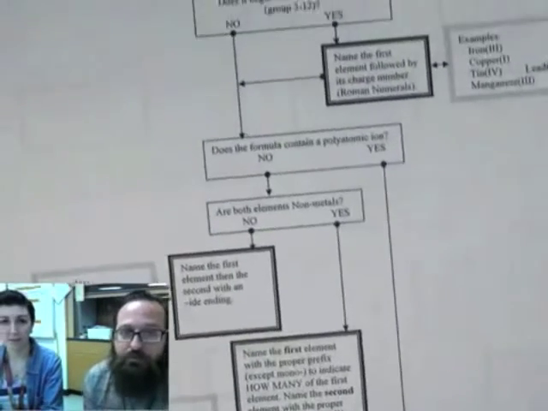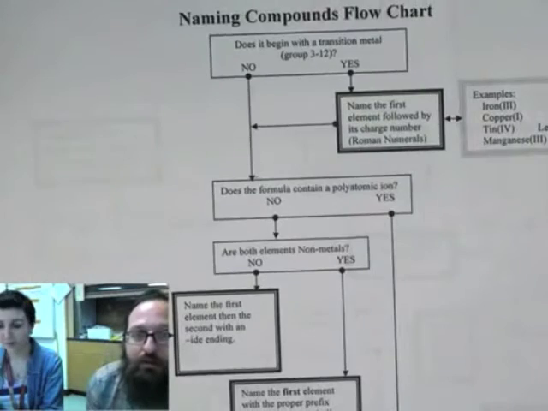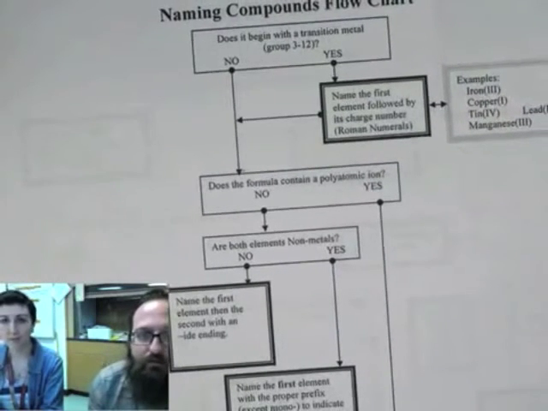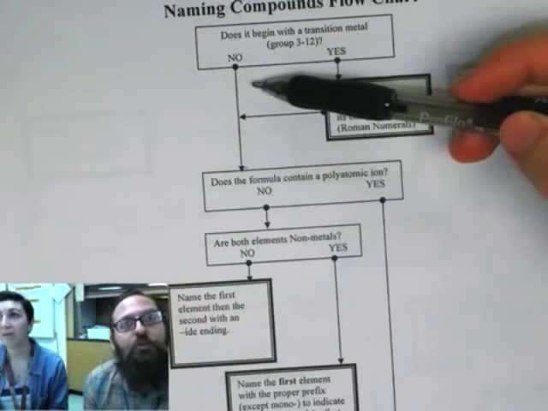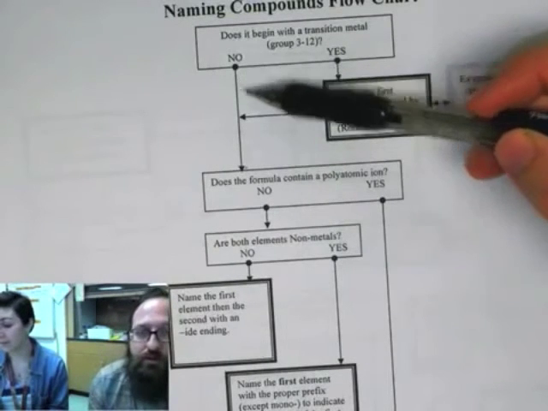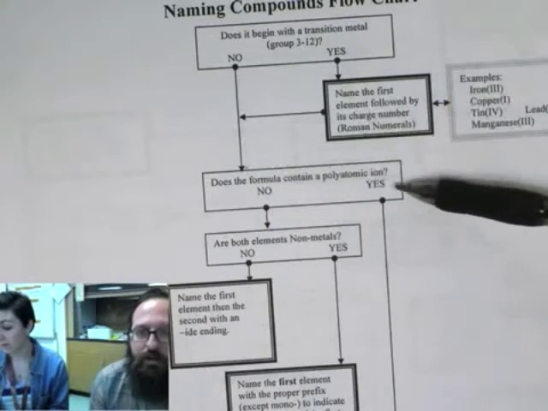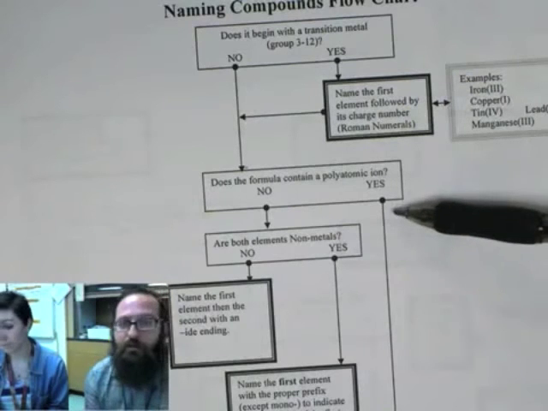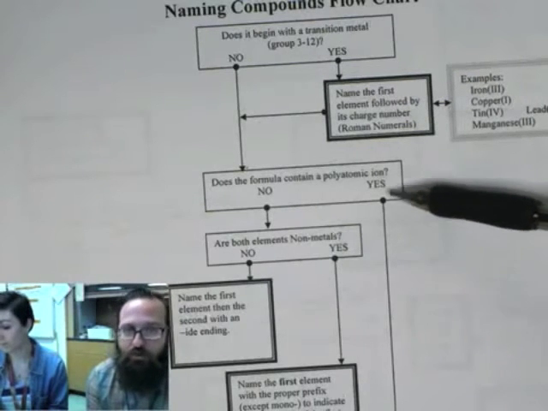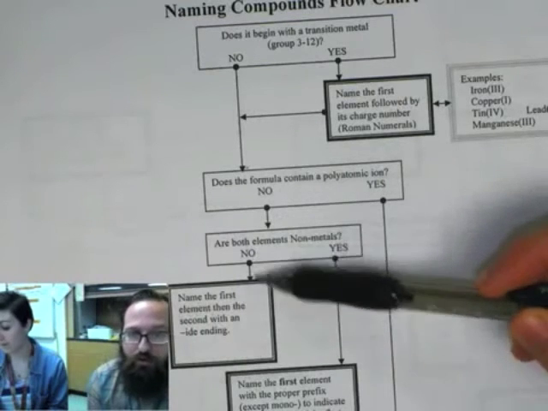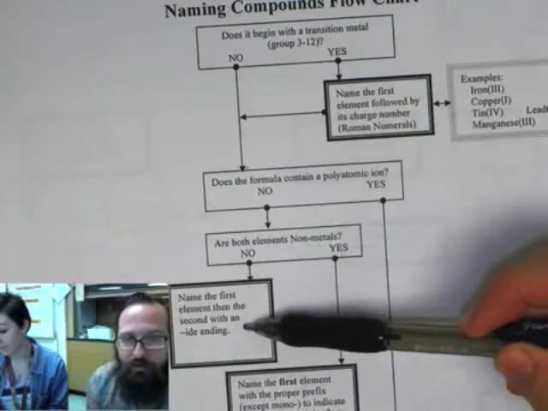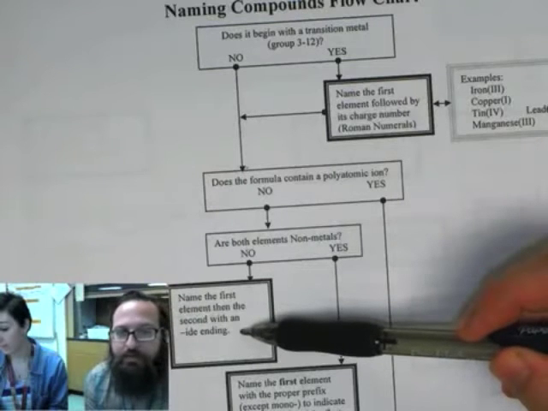Starting at the beginning. First things first, not a transition metal. That's lucky. Calcium is in group 2. Is it a polyatomic ion? Something with a charge with a bunch of atoms in it? Nope. Are both elements nonmetals? No. Name the first element and then the second with an -ide ending.